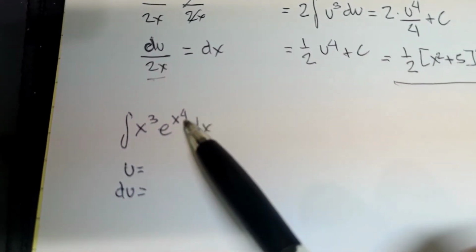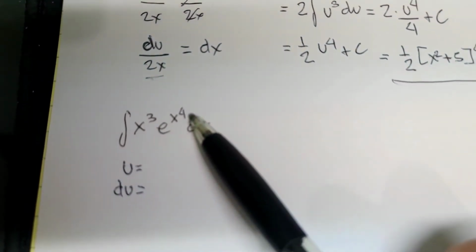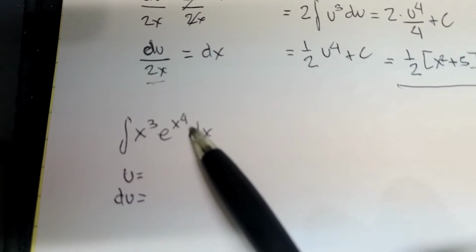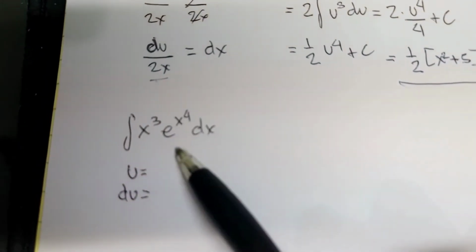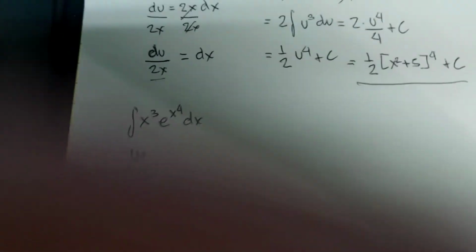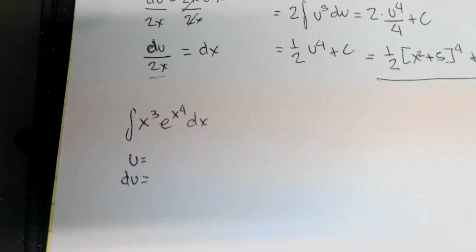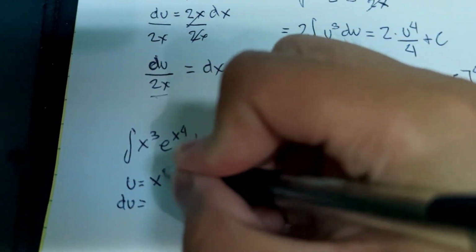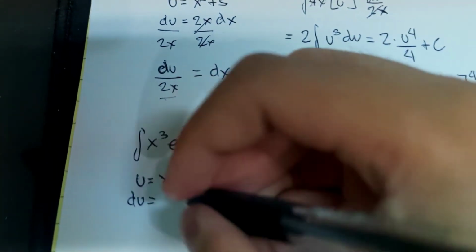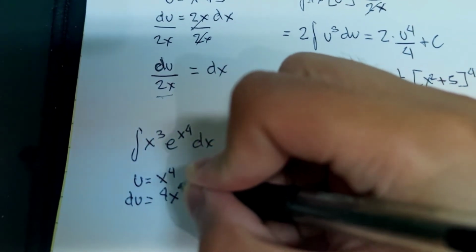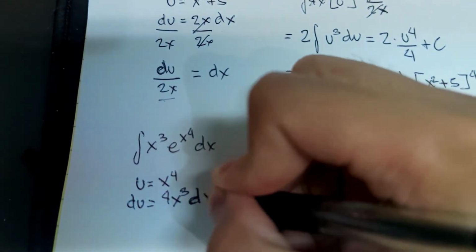But if we have x to the 4 as our u, the derivative of this will be 4x cubed, and we can get rid of x cubed. So let's make our u be x to the 4 and our du will be 4x cubed times dx.